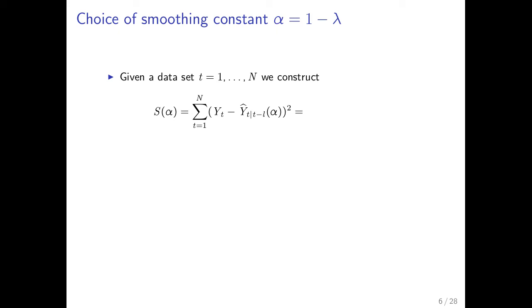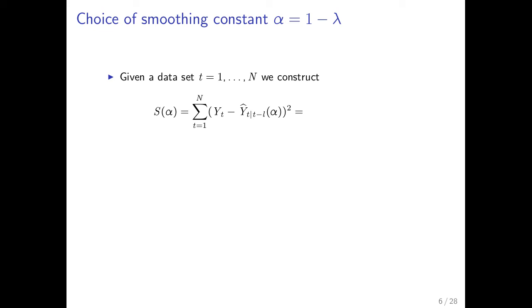One measure is to look at the observation minus the L-step prediction made L time steps ago. Say L is 1. So you look at the 1-step predictions, like this, and you sum over all sensible cases.